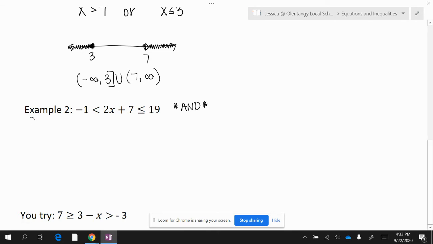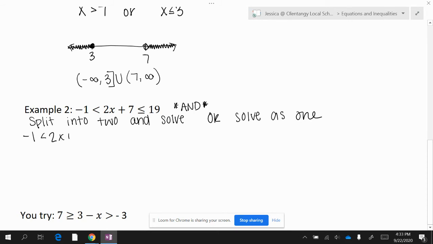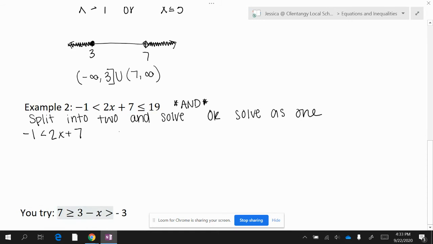So if you split into 2, that would be negative 1 is less than 2x plus 7, and we have 2x plus 7 is less than or equal to 19.